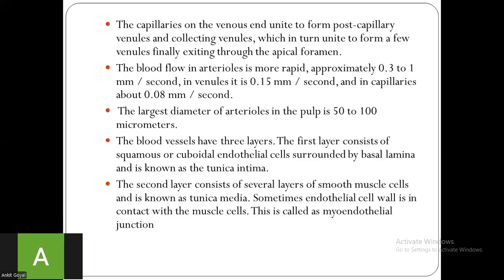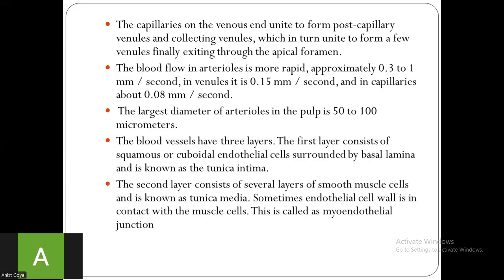The capillaries on the venous end unite to form precapillary venules and collecting venules, which in turn form a few venules, finally exiting through the apical foramina. The blood flow in arterioles is more rapid, approximately 0.3 to 1 mm per second. In venules, it is 0.15 mm per second, and in capillaries, about 0.08 mm per second. The largest diameter of the arterioles in the pulp is 50 to 100 micrometers.